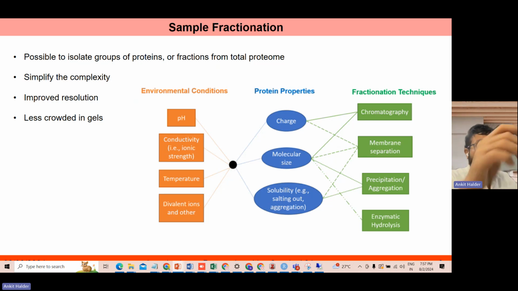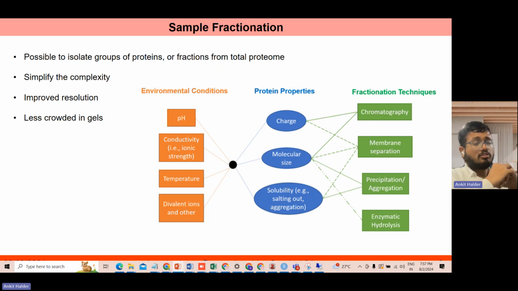Because we know that proteins remain quite similar in nature, certain proteins work quite similarly. So it becomes very important for us to get the proteins so that a smaller amount of proteins can be run on a gel or any other downstream process that will help us improve the resolution.